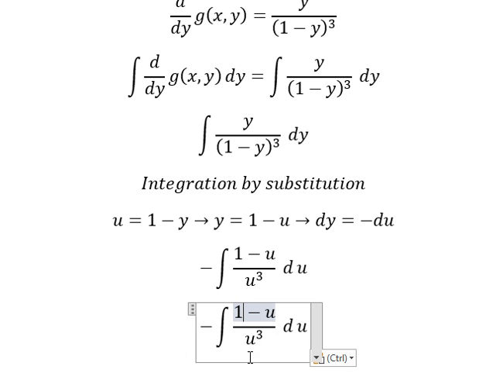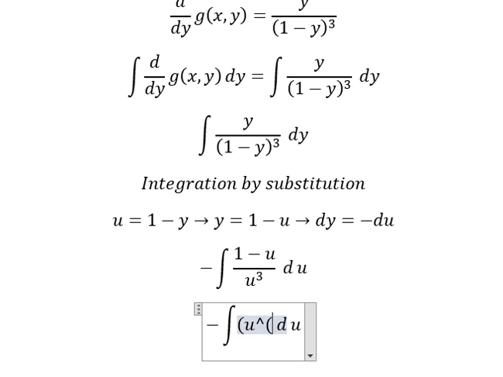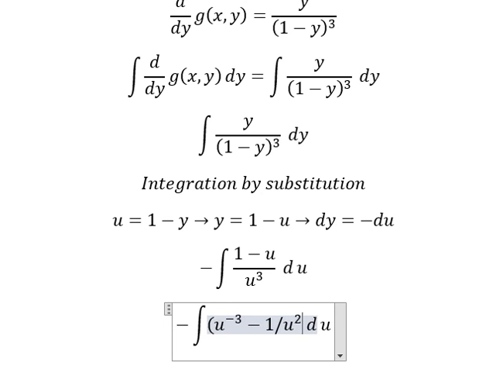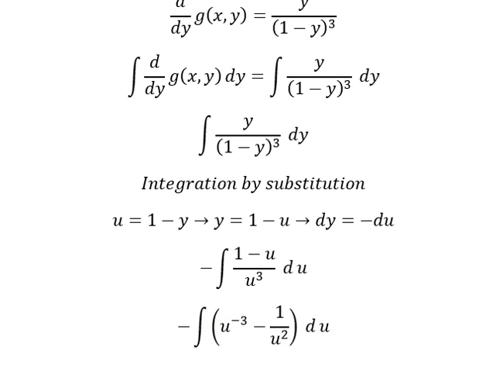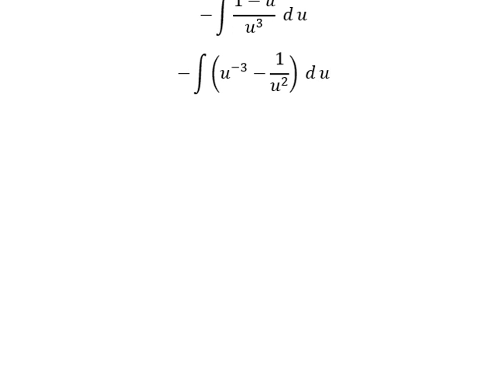So 1 divided by u to the power of 3, u divided by u to the power of 3. So we have u to the power of negative number 3 minus 1 over u squared. And now we have the final answer. So the integration of this one, we have u to the power of negative number 3 plus 1 over negative number 3 plus 1.